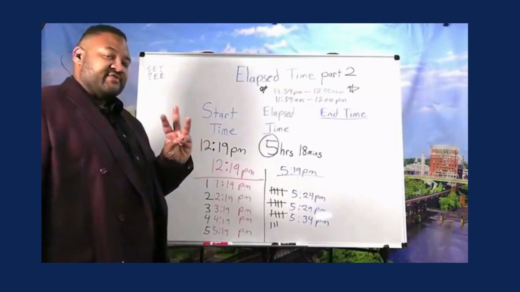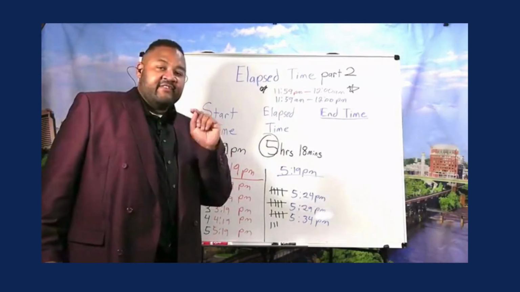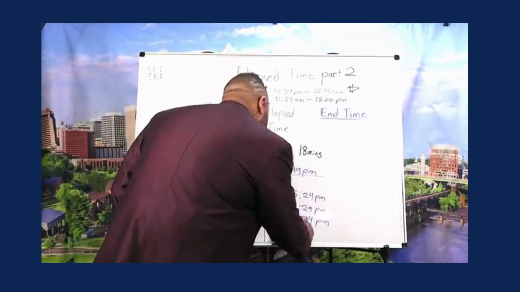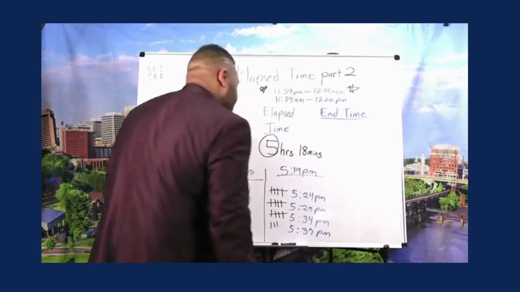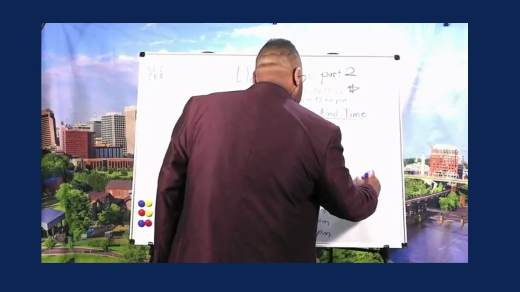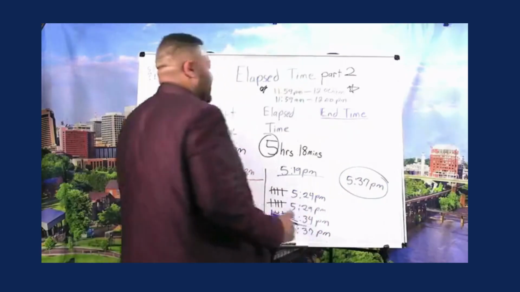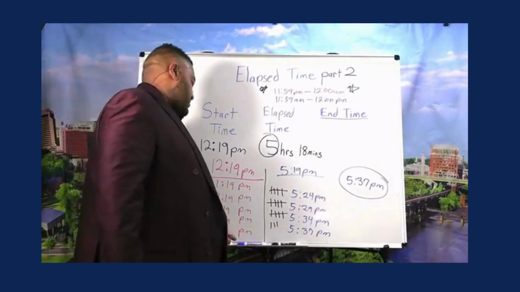I have to add just 3 this time. What comes after 34? 35, 36, 37. So that's 5:37 p.m. That is my ending time. Questions or concerns?